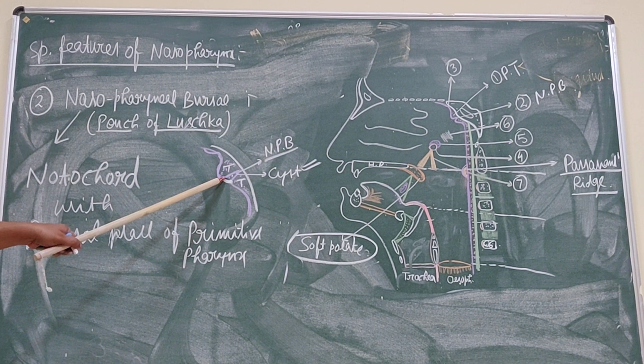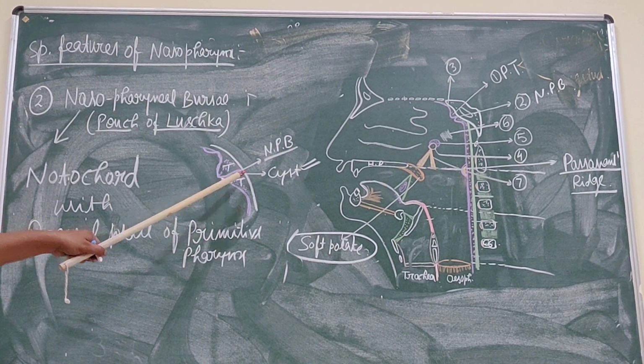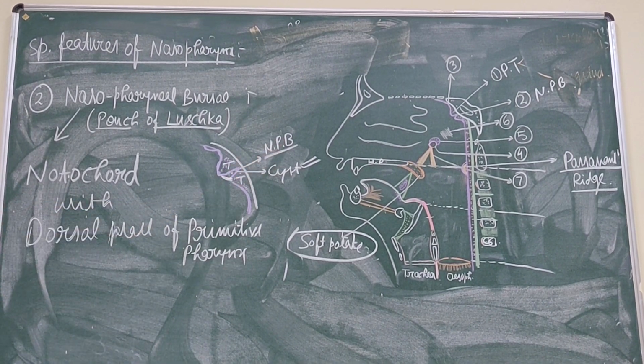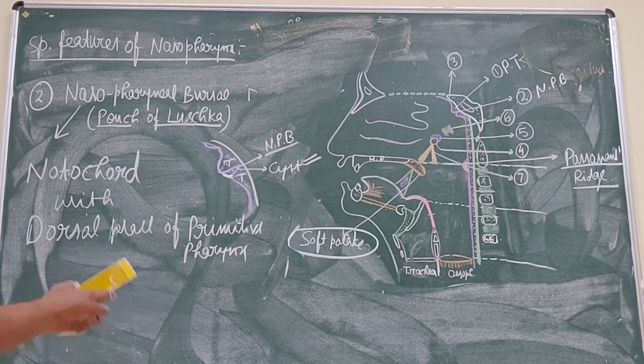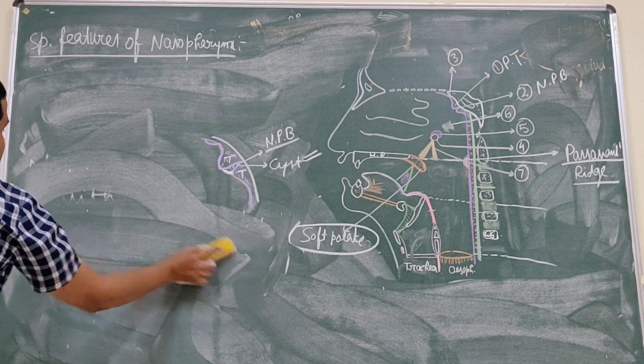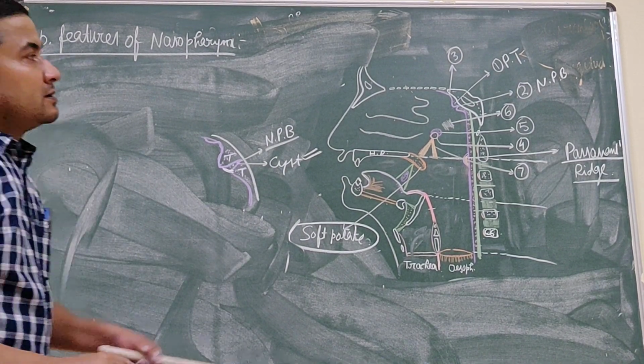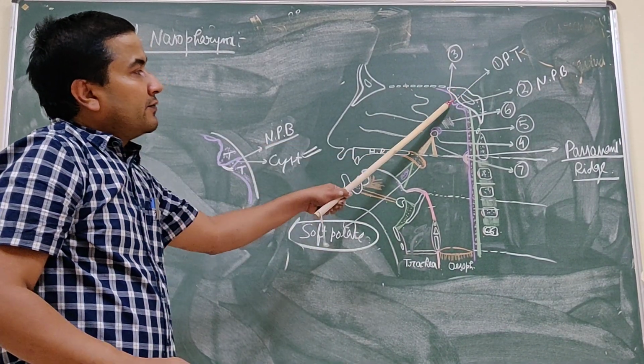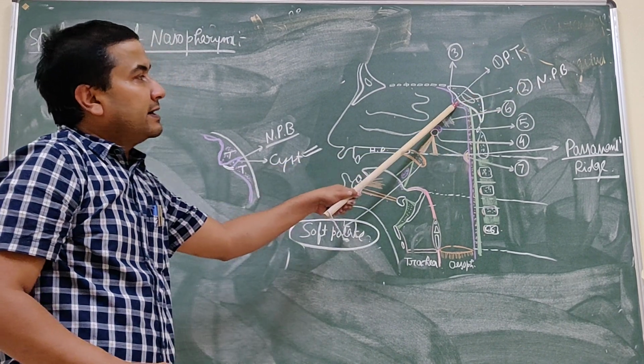The mucous membrane lining the nasopharyngeal bursa has mucous glands. So, pharyngeal tonsils, nasopharyngeal bursa.